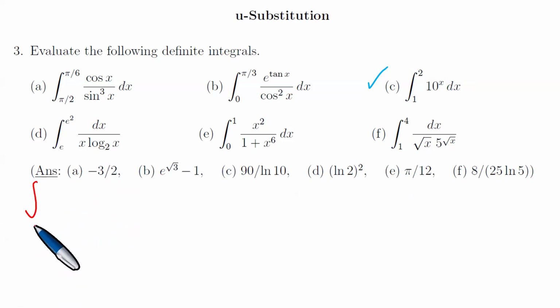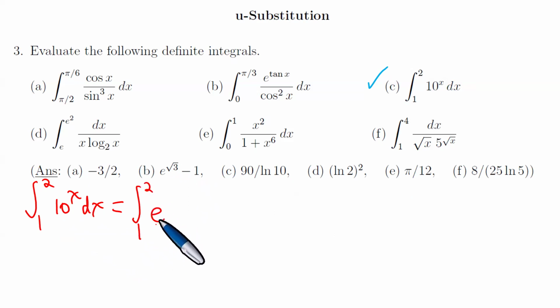Now, each time there is an integral of a constant to a variable, obviously these things are in the calculus books, but I'm not about cramming formulas. I'm about the rules that work all the time. Each time you see a constant to a variable, you change the constant to base e and use the ln of 10 to the power x, dx.